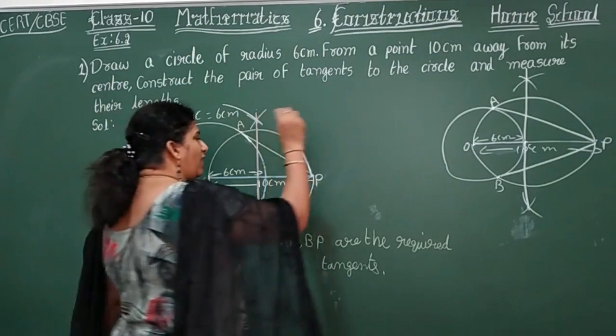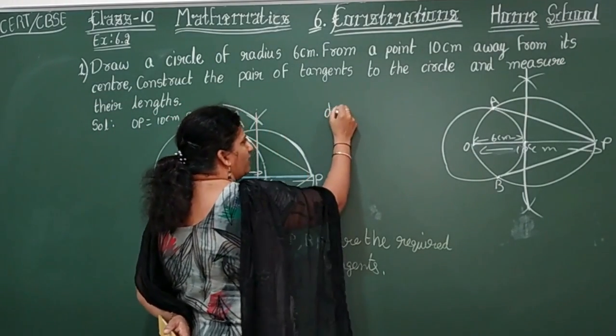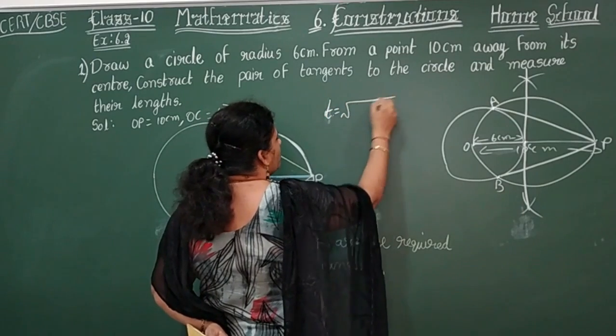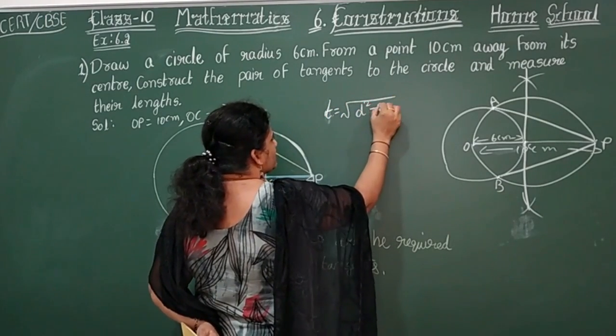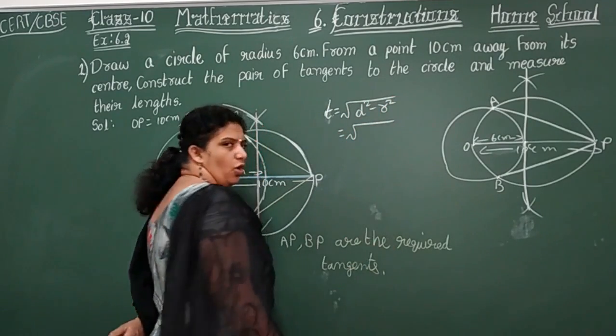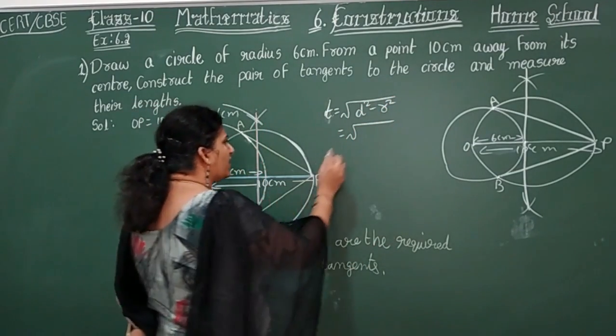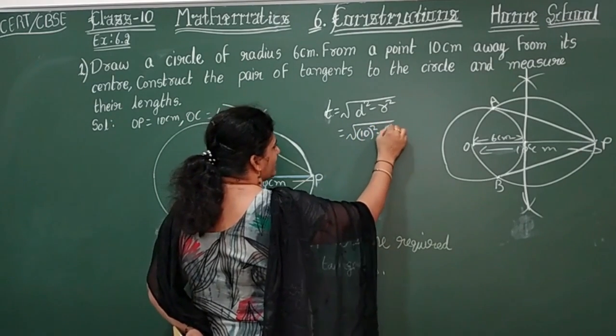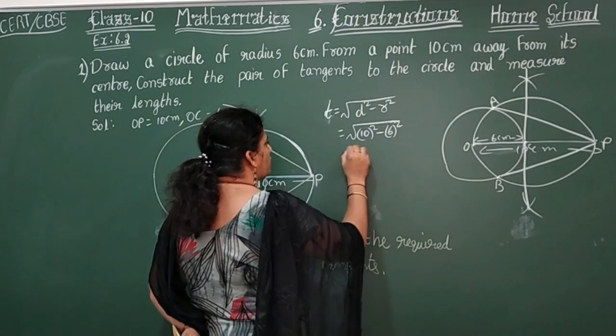Before measuring, I want to say you one formula. Tangent's length T is equal to square root of D square minus R square. Square root of, what is your distance here? 10. 10 whole square, radius 6. 6 whole square.